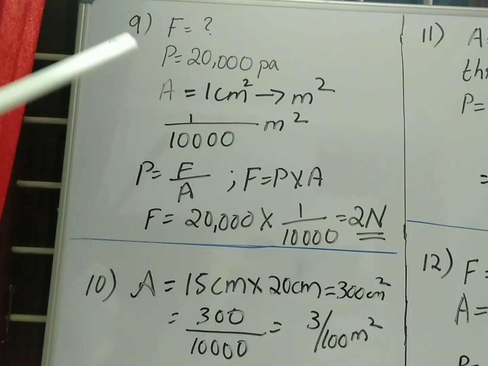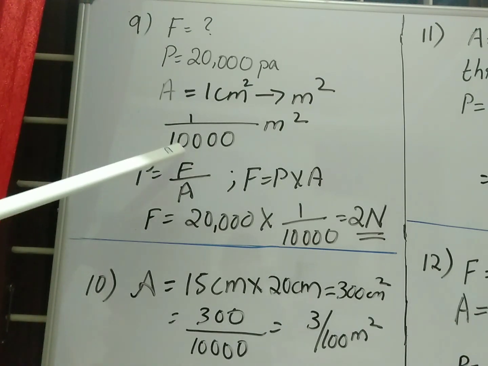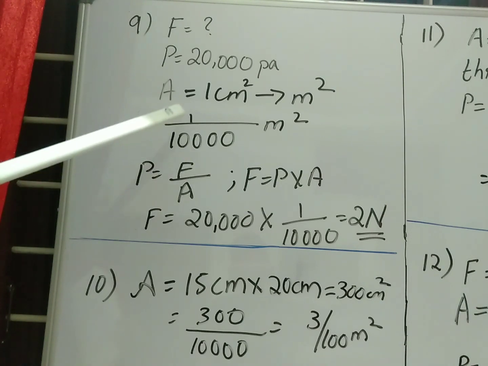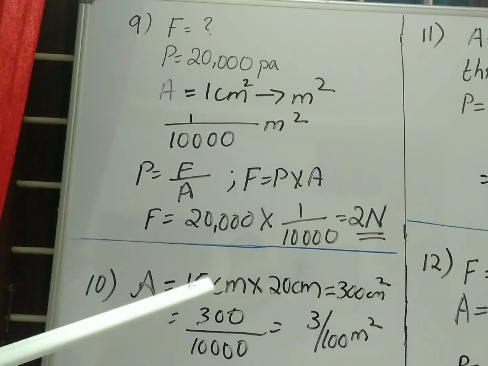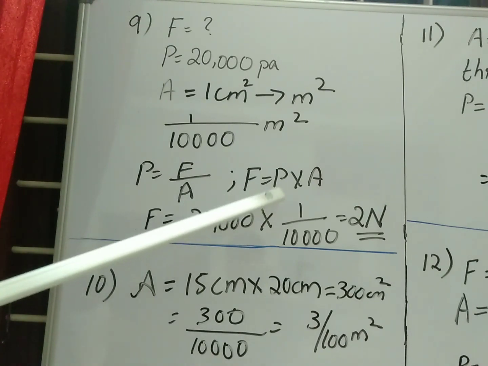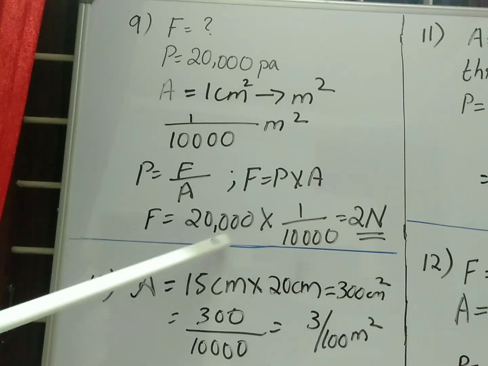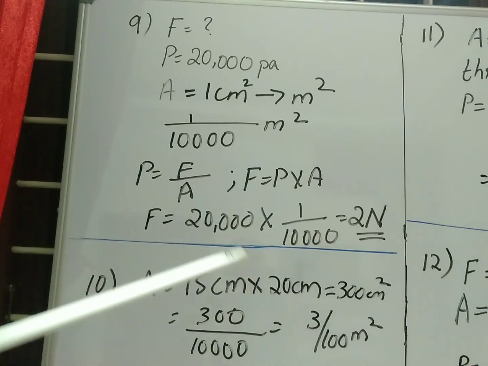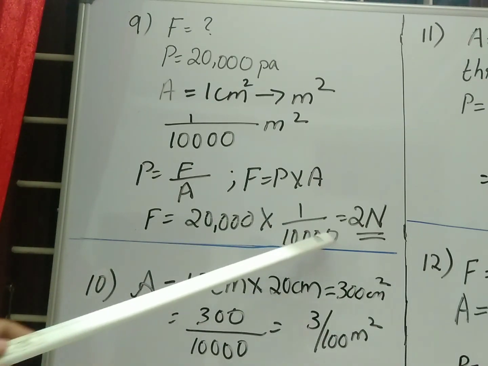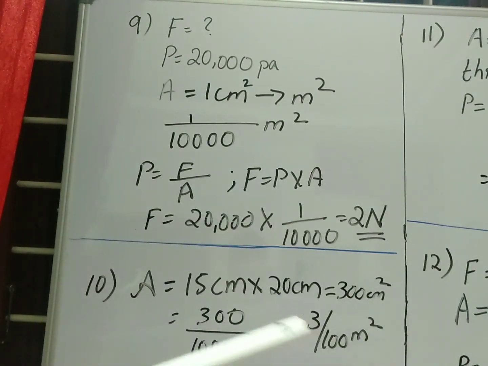For converting centimeter square to meter square, the given value is divided by 100 into 100, that is 10,000. So we will get 1 by 10,000 meter square. Pressure is equal to force by area, so force is equal to pressure into area. So here you can see 20,000 into 1 by 10,000. The 4 zeros will get cancelled. So we will get 2 Newton.